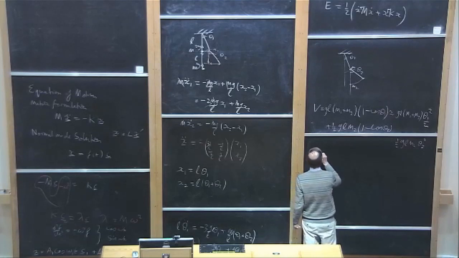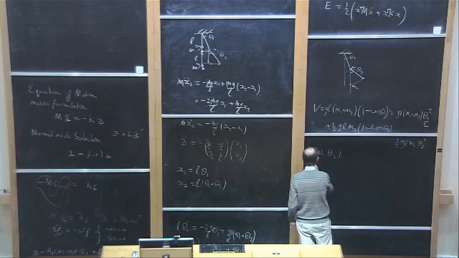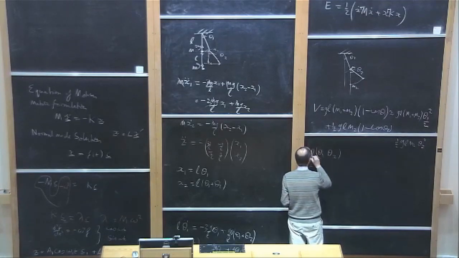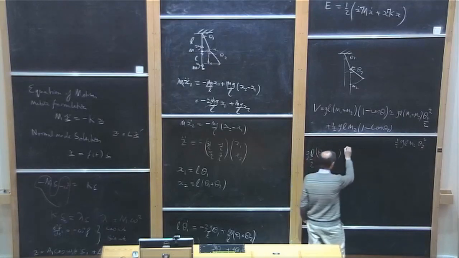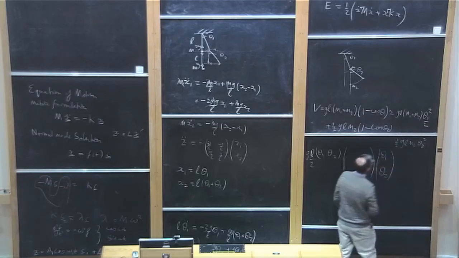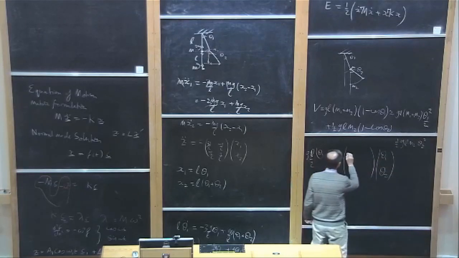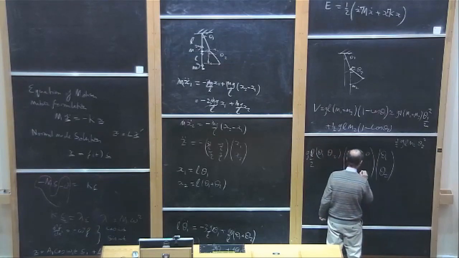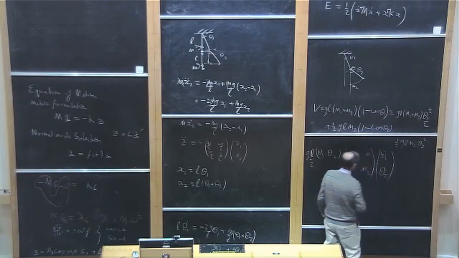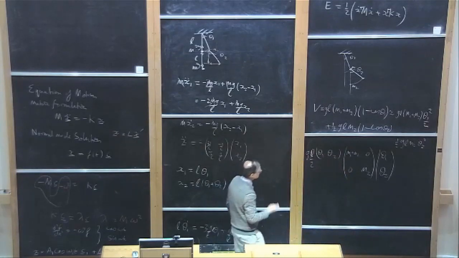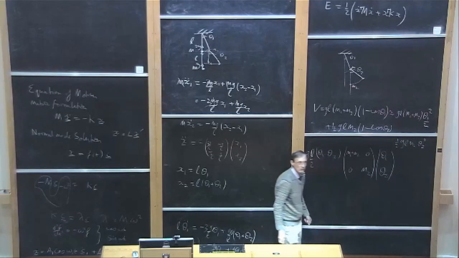So you'd have theta 1, theta 2, an external factor of a half g L, and then the matrix, and then theta 1 and theta 2. What would you need in that matrix? You'd need M1 plus M2, 0, 0, M2. And that's quite interesting because the potential energy matrix is diagonal.